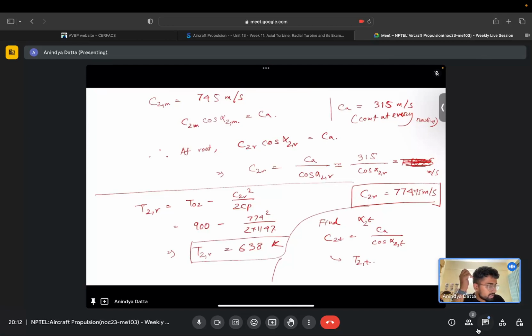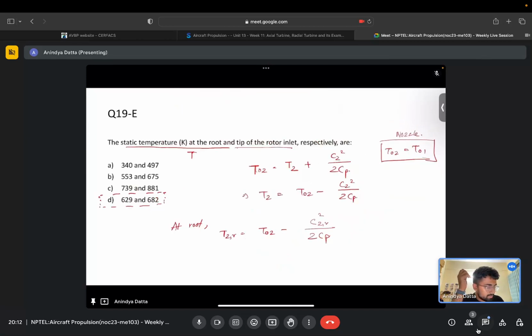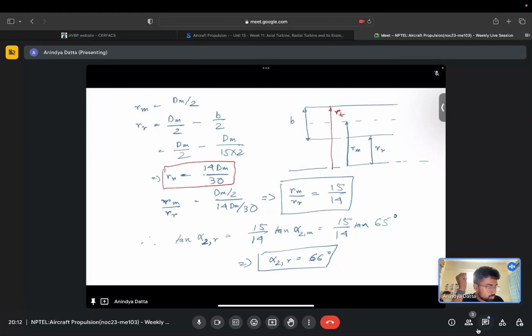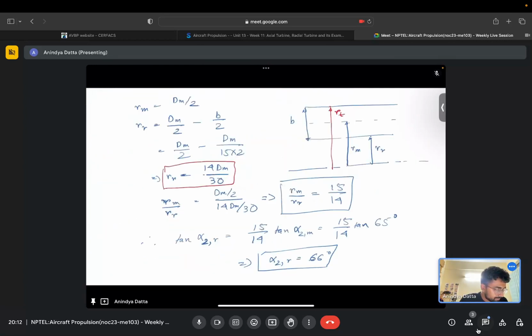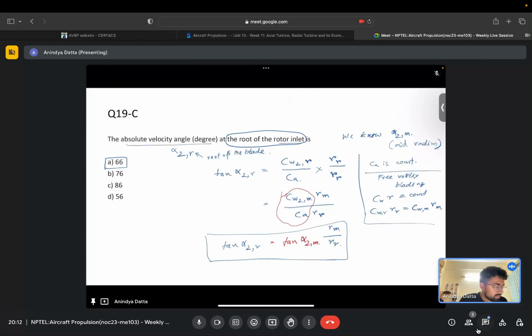If we found this out for the root, similarly we repeat the procedure to find alpha 2t, in the same way as we found alpha 2r. So tan of alpha 2 at the root is equal to tan of alpha 2 at mean divided by Rm by Rr. Similarly, tan of alpha 2 at tip is equal to tan of alpha 2 at mean radius into Rm by Rt.